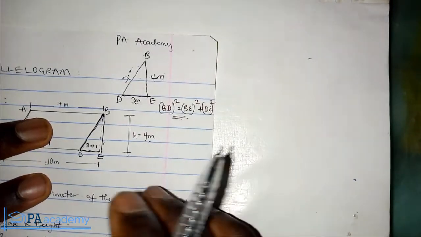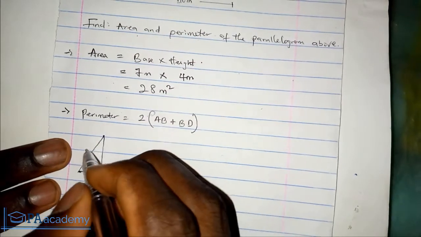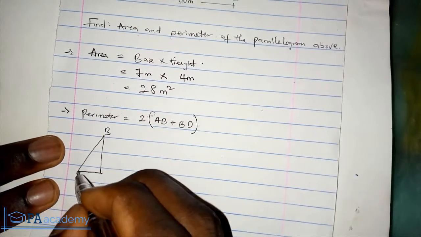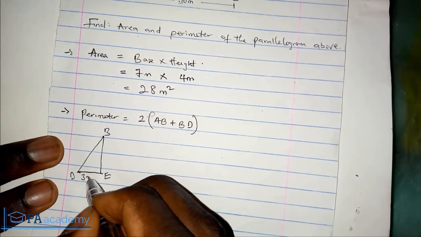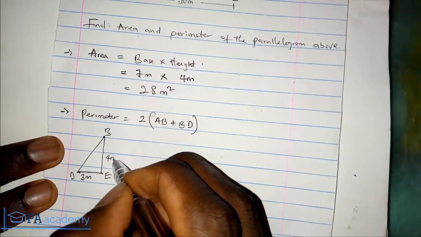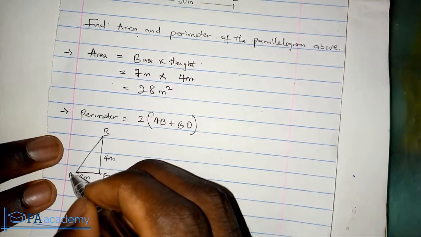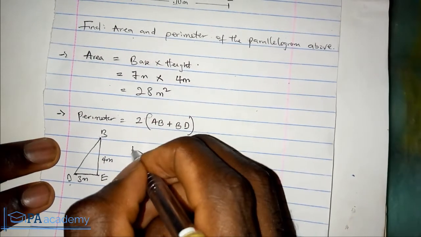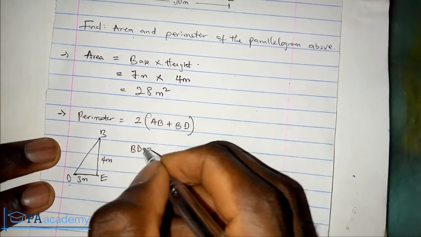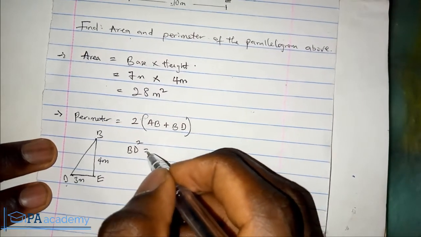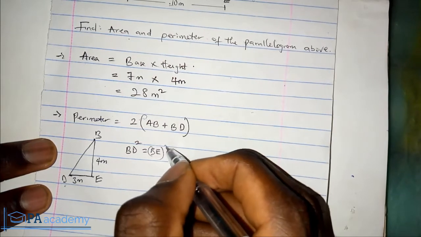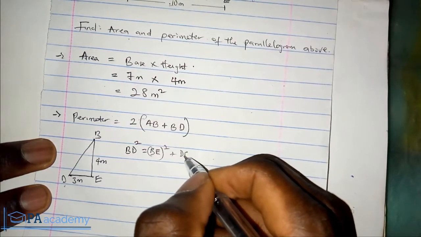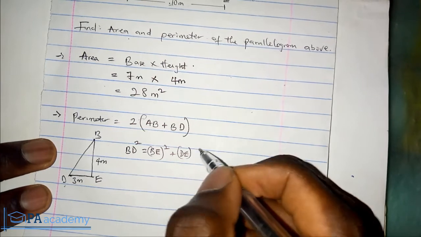So let me bring it out here. This place is B, this is D, this is E. So this is 3 meters, this is 4 meter, and we are looking for BD. So BD square is equals to BE square plus DE square.